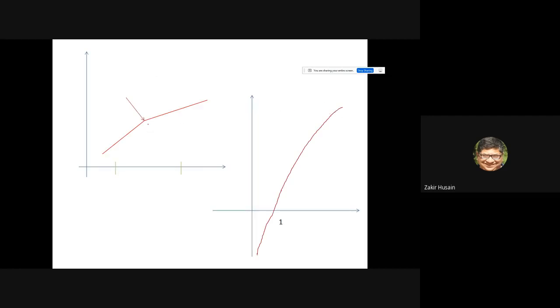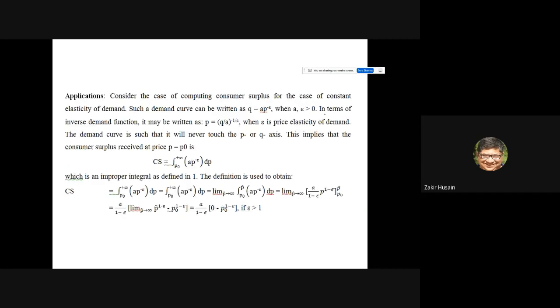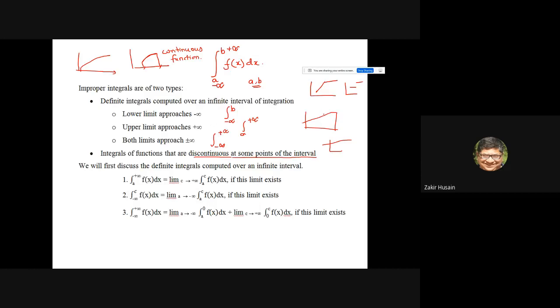Okay, this is a case of discontinuity. This is the other type of improper integrals. Do you understand why integrals are improper?